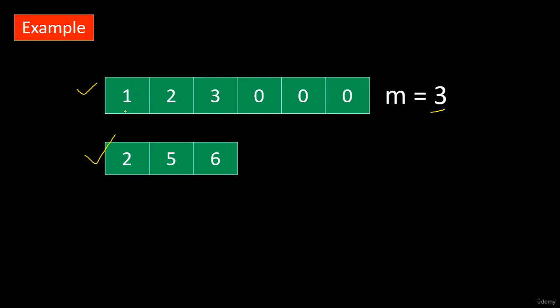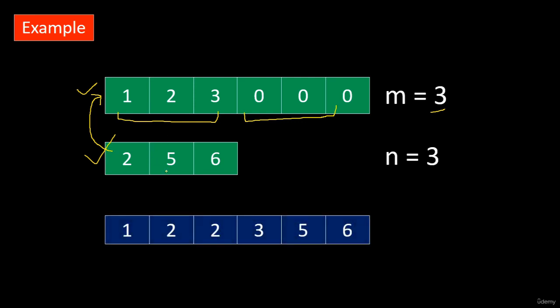So here we have initialized these 3 elements in this array, and here we have placeholder. Now we have to merge this array into this array, and the array should be in sorted order. And here we have 3 elements in this array. If we merge and sort this array into this array, then we get this array. Okay, this is nums1 array. We're not creating a new array. We're solving this problem in place.